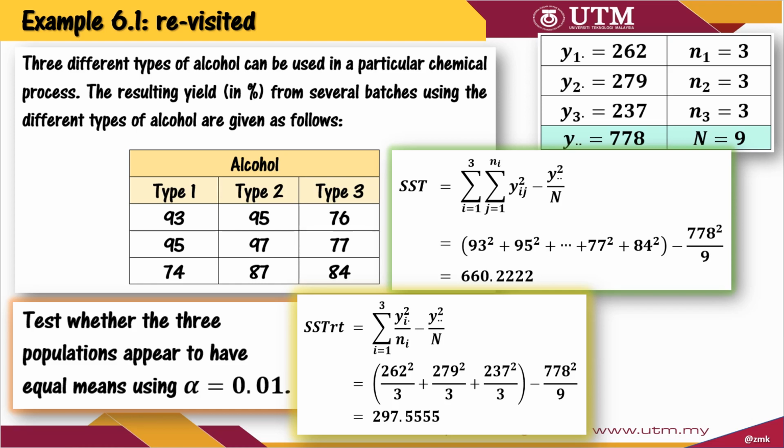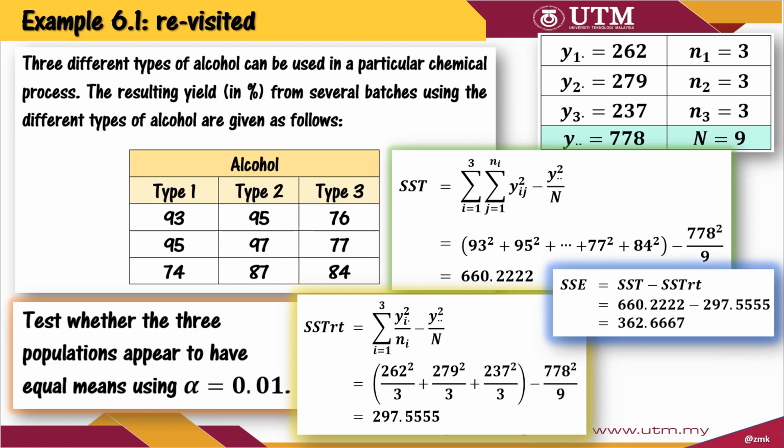Taking the difference between SST and SSTRT, you can then get the error sum of squares SSE given by 262.6667. Please note that the values of all 3 sums of squares must always be positive, since we have the sum of all squared values.